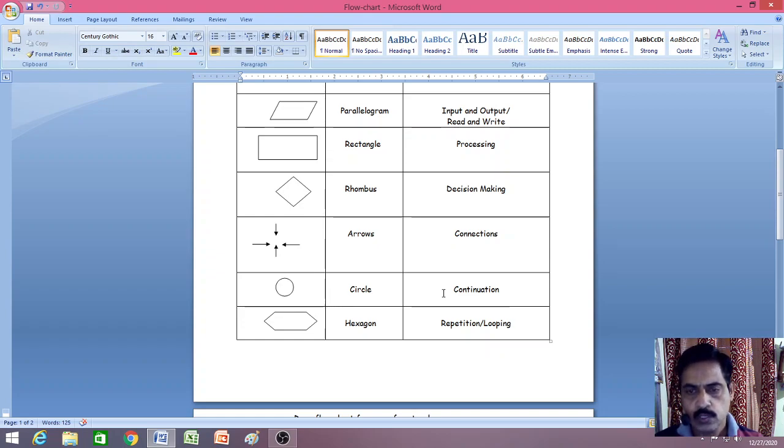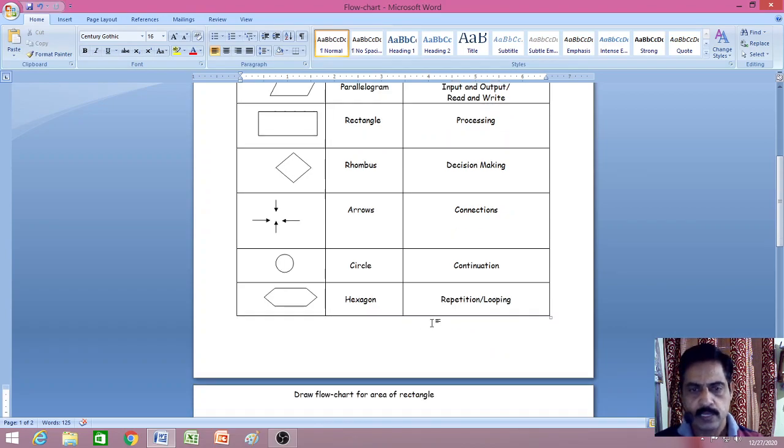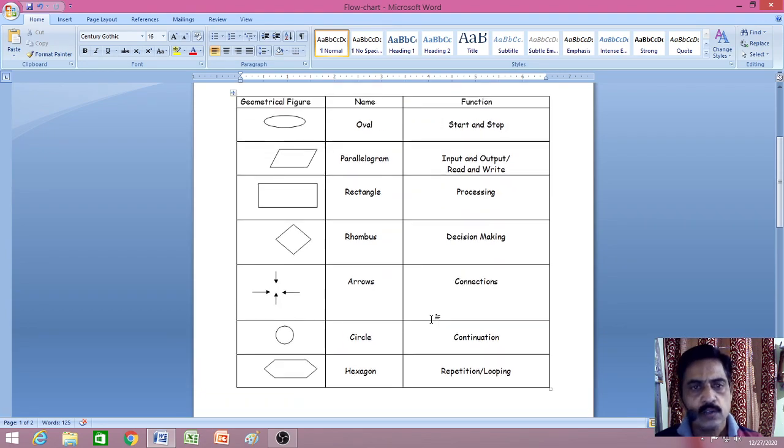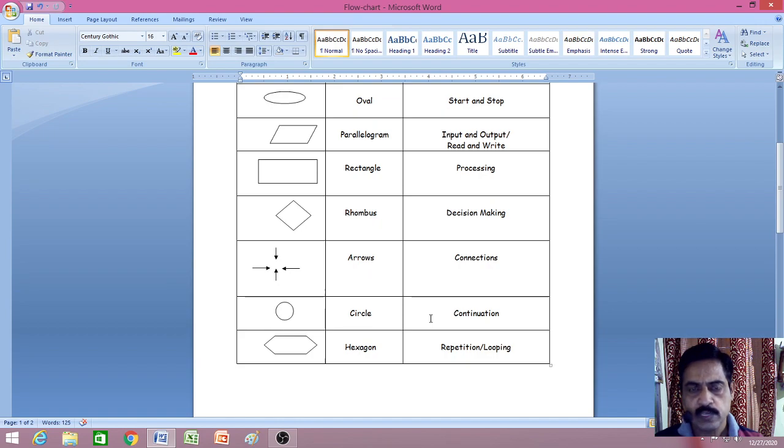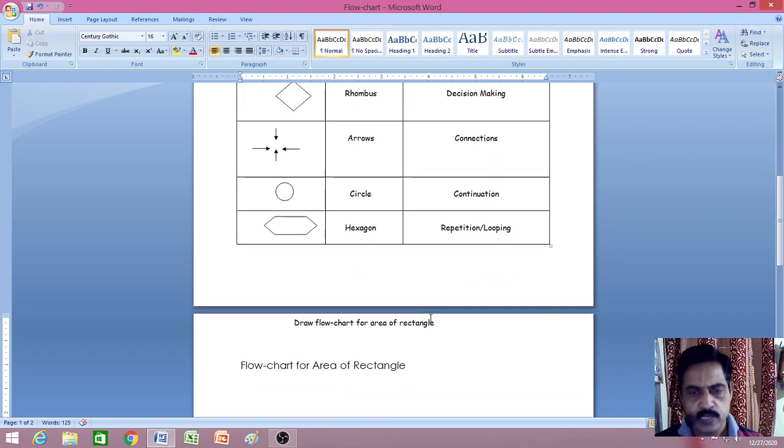To show that the new page's flowchart is the continuation of the previous page, we are using the circle symbol. Next one is hexagon. Hexagon is used to show repetition or looping. So these are the flowchart symbols with the geometrical figures, their names and functions.